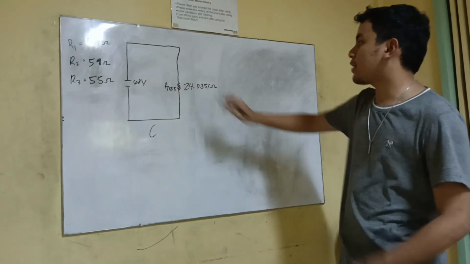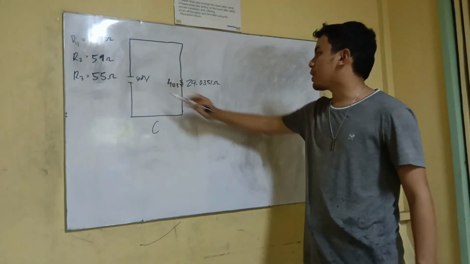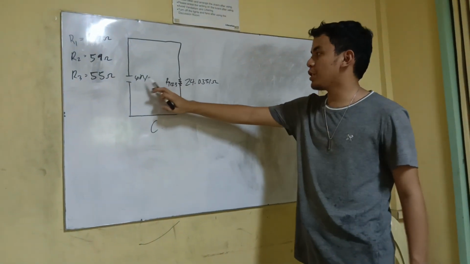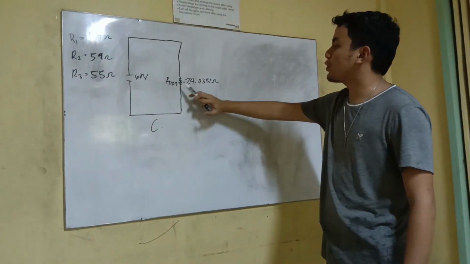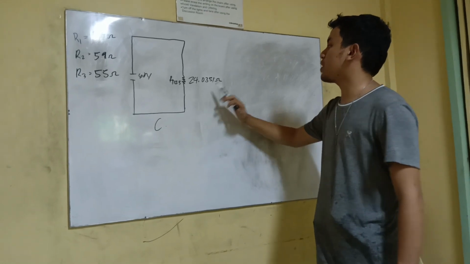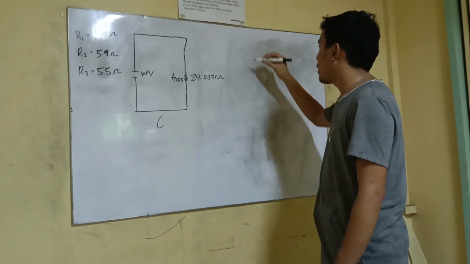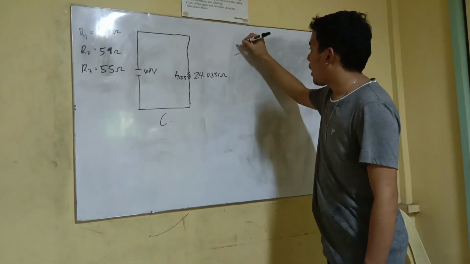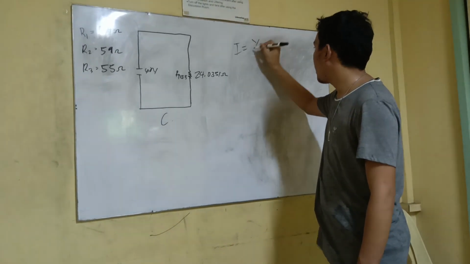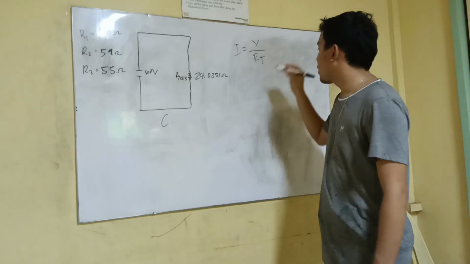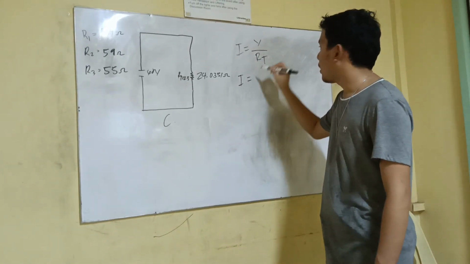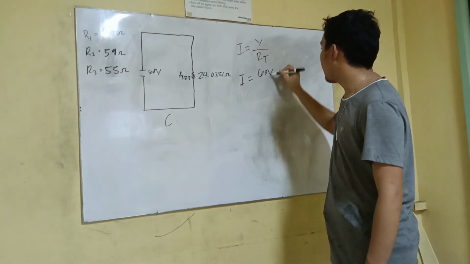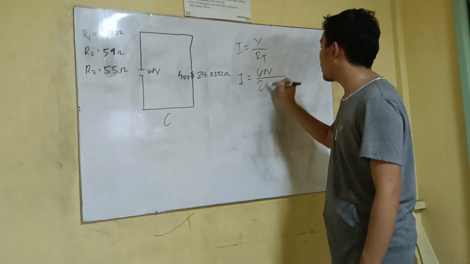We're going to get the current of this problem. Our given voltage is 60 volts and our R total 1, 2 and 3 is 24.0351 ohms. Our formula is I equals V over R total.